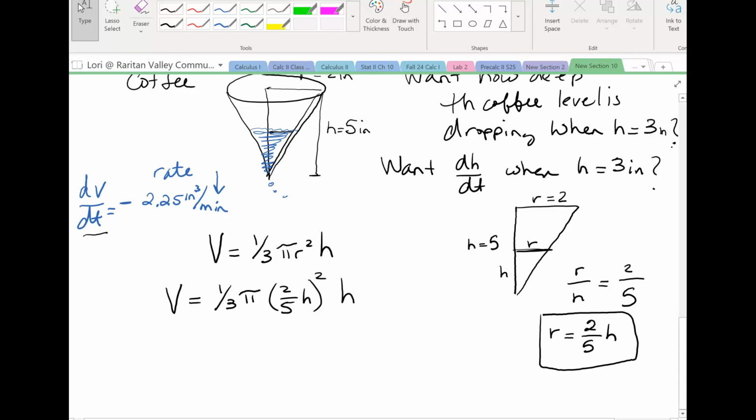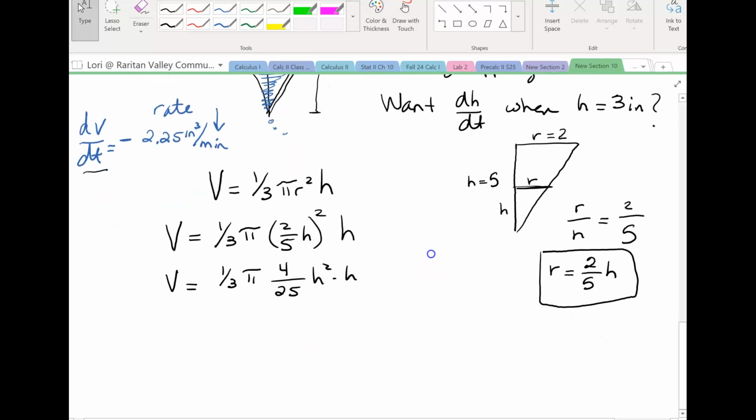Before you differentiate, I want you to simplify this to the best that you can. So volume, it'd be 4/25 H squared times H. So I'm going to put 1/3 times pi times 4/25, which is going to give me 4 pi over 75 H cubed.